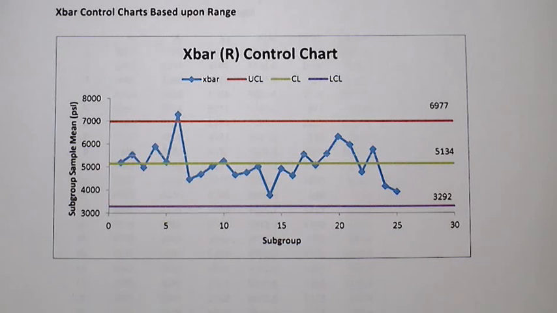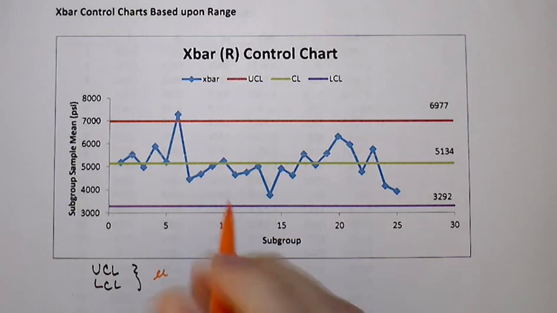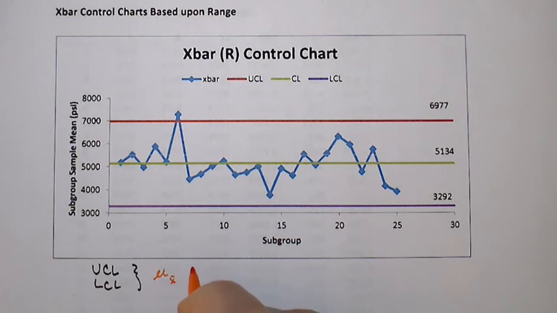A key aspect in creating any sort of control chart is to be able to create the upper control limit and the lower control limit. The overall pattern is that you're going to calculate the mean of whatever statistic you're working with. In this case it's X bar, and you're going to add and subtract, typically, 3 standard deviations of that statistic.